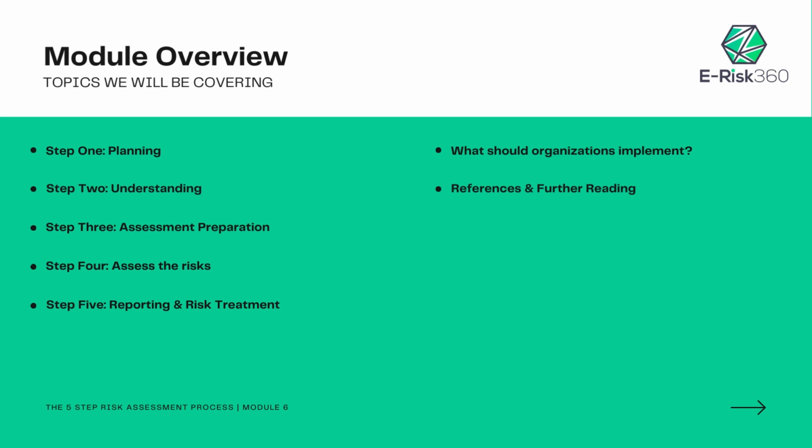We are going to cover a few basics such as planning, understanding, assessment preparation, assess the risks, reporting and risk treatment, and we're also going to look at what should organizations implement. And then we'll finish this module with references and further readings to help enhance your learning and understanding of the 5-step risk assessment process.